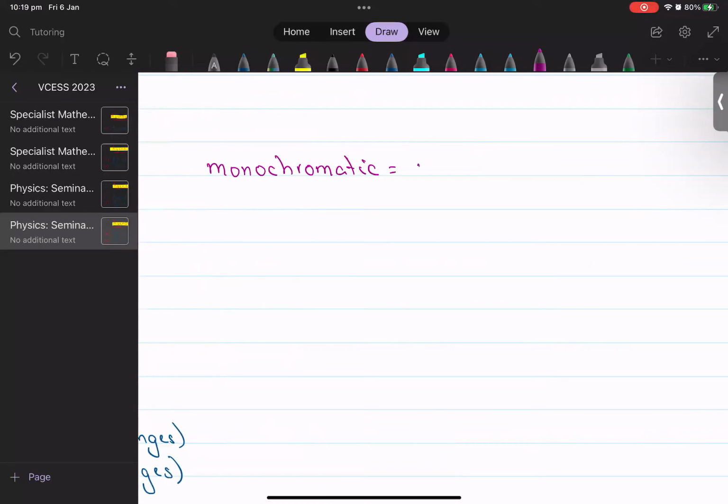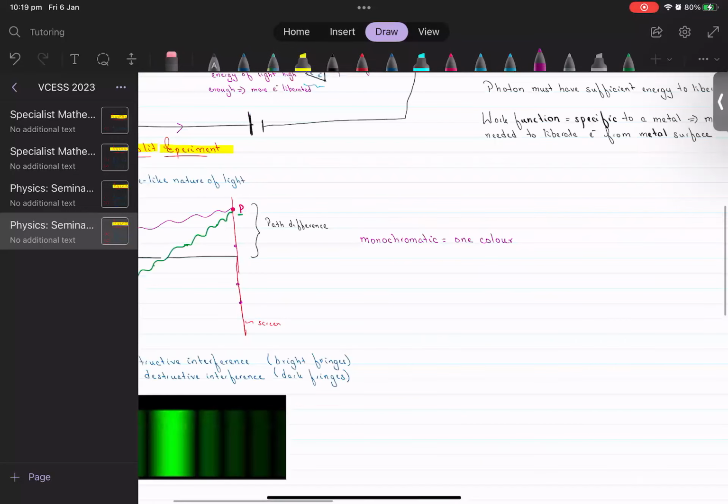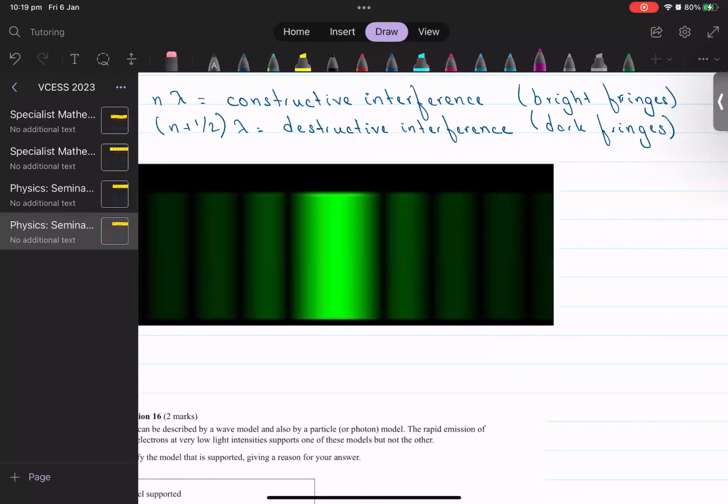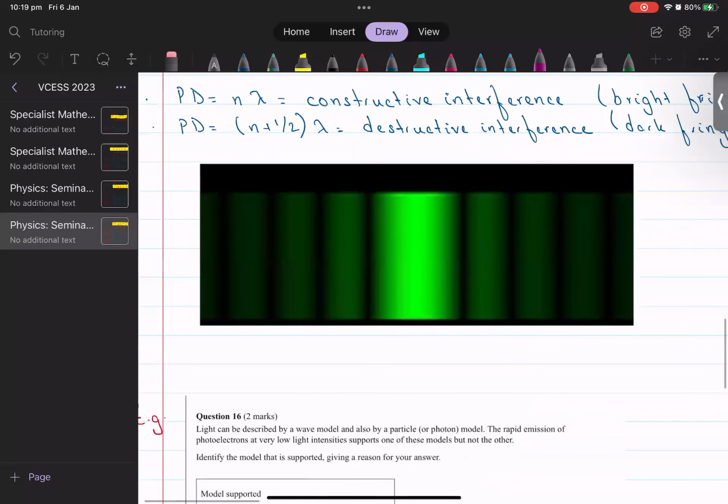So in the below diagram, they've used green light. You know the wavelength of all the colors of light, but the value of the wavelength is actually important, which you'll probably see in the future.